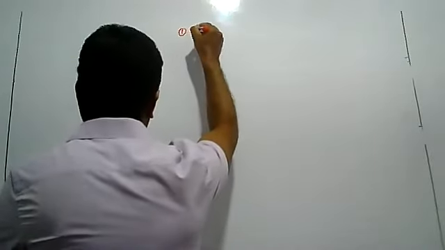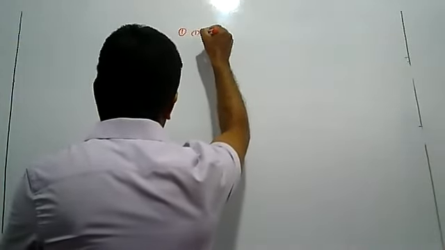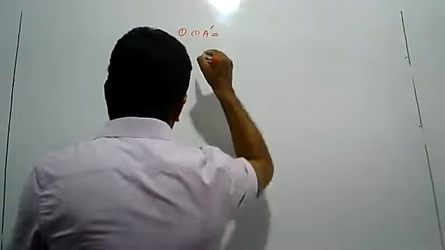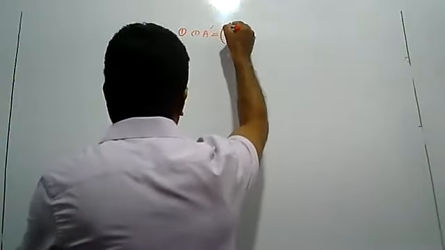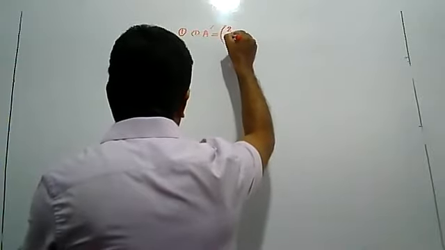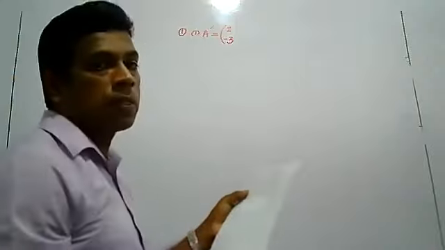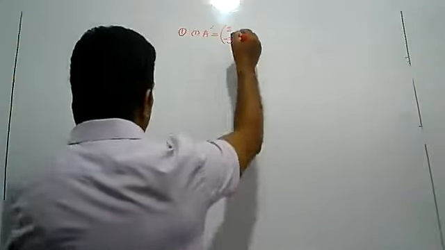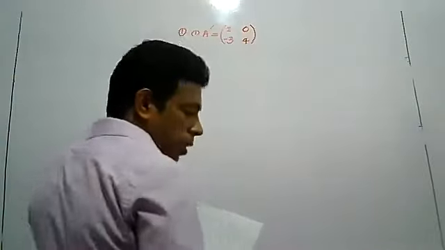Matrix A is given, then we want to write the transpose, A dash. I told you the method. The first row of matrix A becomes the first column. First row, 2, minus 3, becomes the first column. Second row, 0, 4, becomes the second column. This is matrix A dash.